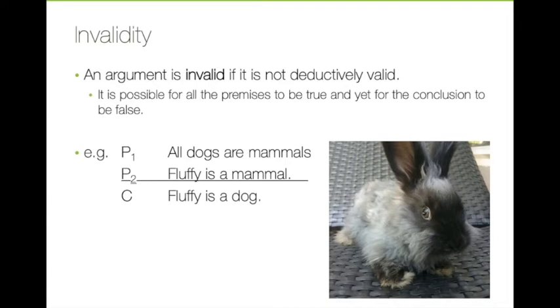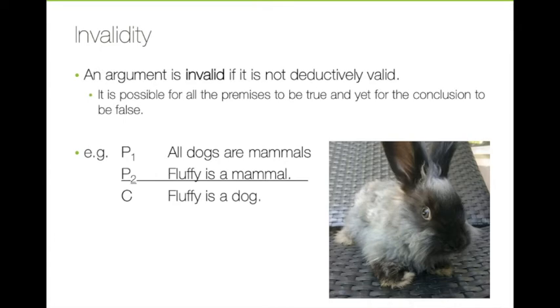So invalidity is our concept for saying that a deductive argument is bad, that the form or structure of the argument is bad. An argument is invalid if it's not deductively valid. Another way of putting this is it's possible for all the premises to be true and yet for the conclusion to be false.